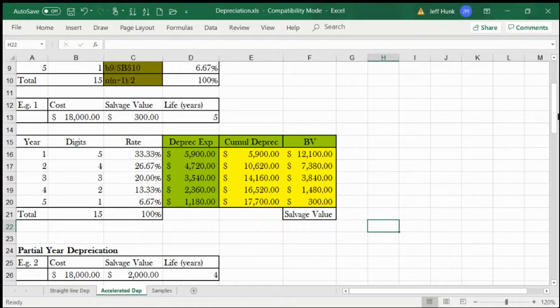But it's not the case with accelerated depreciation. Why? Because if you make the adjustment only in the first year and last year, it completely defeats the purpose of accelerated depreciation, right? Making an adjustment in the first year, yeah, you have to do that. But remember, the most weight is applied in the first year.